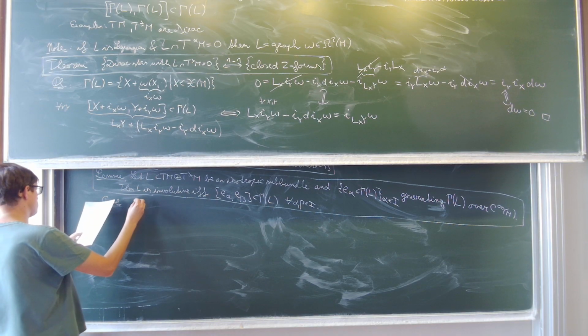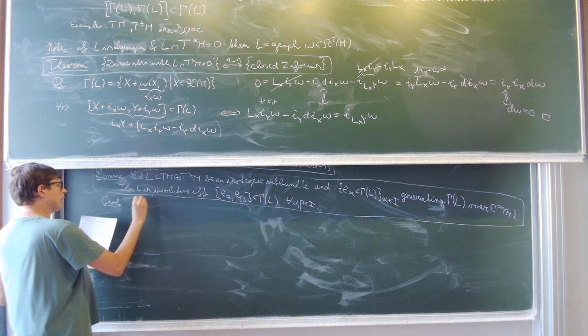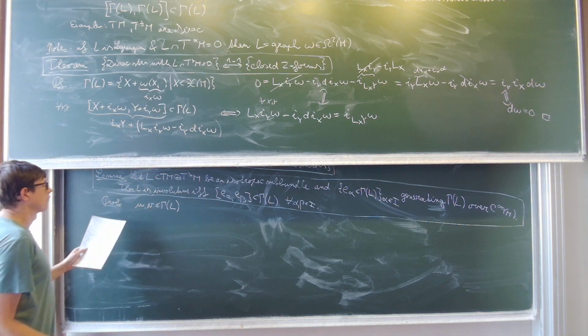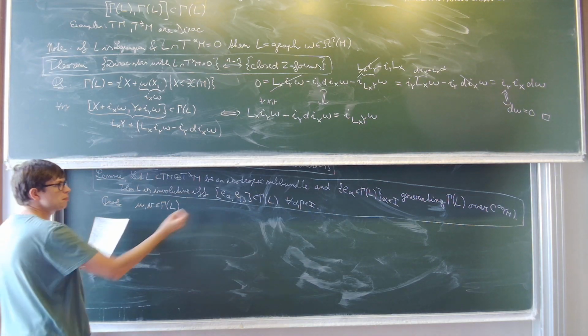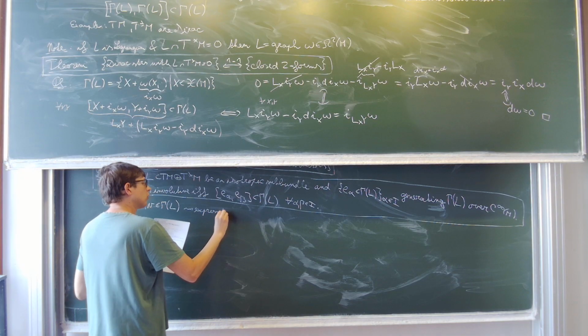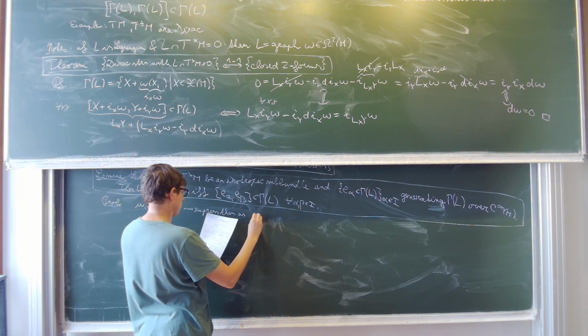Okay, so let's say that I have two sections, U and V. And now let me just express them in terms of the generating set, U equals U alpha E alpha and V equals V beta E beta.